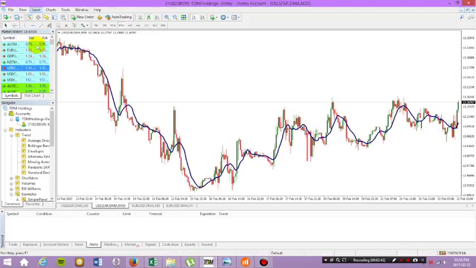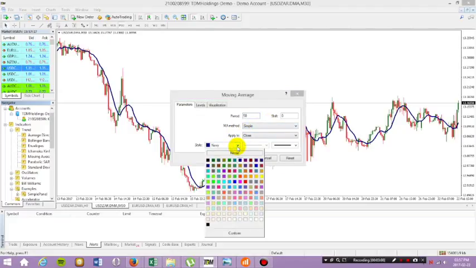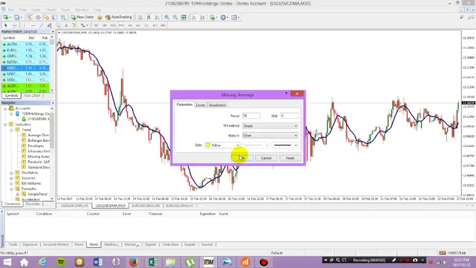The other way to add moving averages is to go to your navigating window, go to indicators, then trend, and then you just click on moving average. And then here we're going to add a larger moving average. We're just going to say 50, also simple, and we're going to use a different color, yellow.